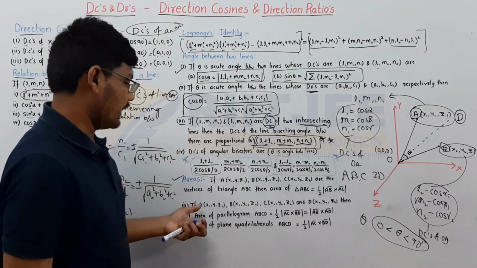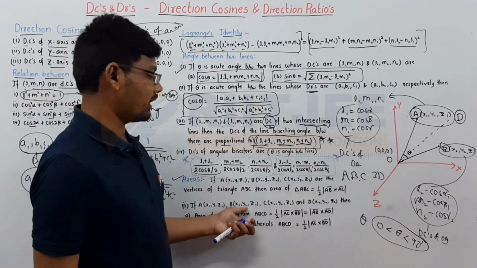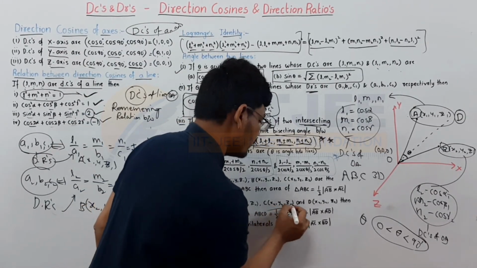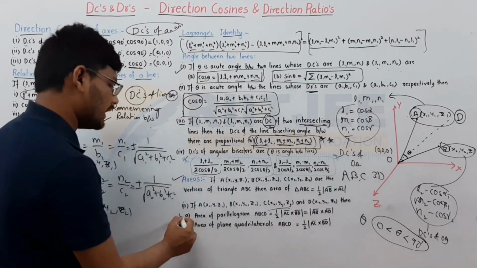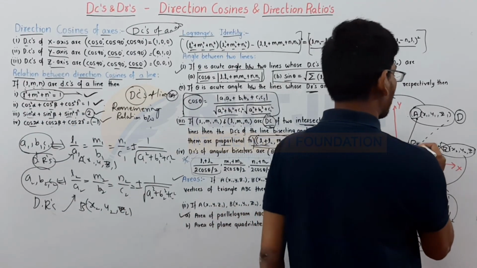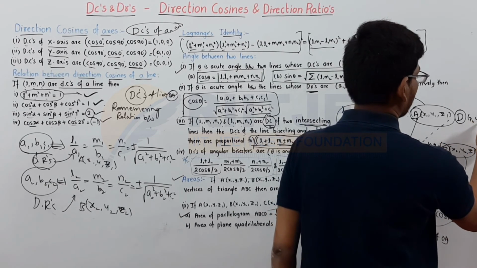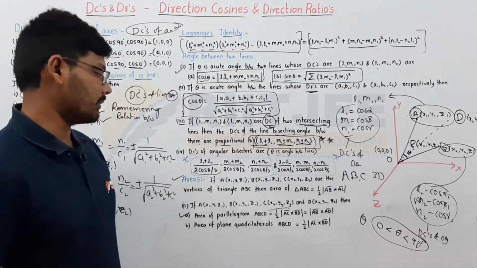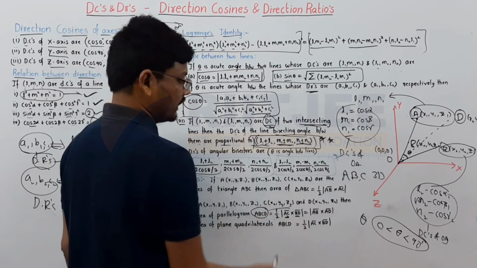And the second point, if A is x1, y1, z1, B is x2, y2, z2, C is x3, y3, z3 and D is x4, y4, z4, four points taken in the 3D coordinate system, then the area of the parallelogram is 1 by 2 into AC into BD.